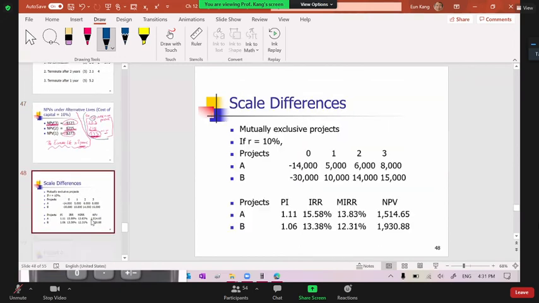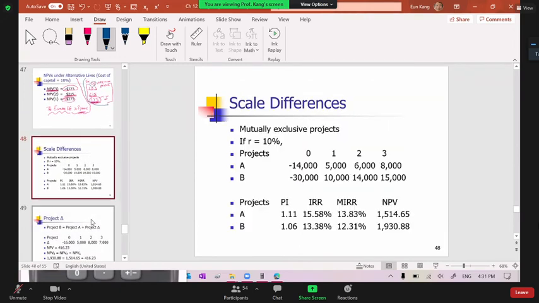Then next, scale differences. So mutually exclusive projects, right? R is 10%. You are comparing 2 projects. A: 14,000 investment, then 5,000, 6,000, 8,000. B: minus 30,000, then 10,000, 14,000, 15,000.